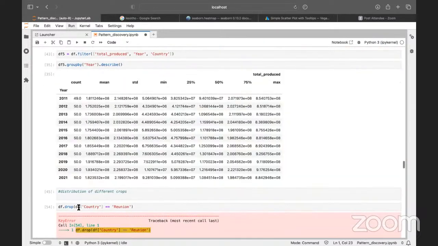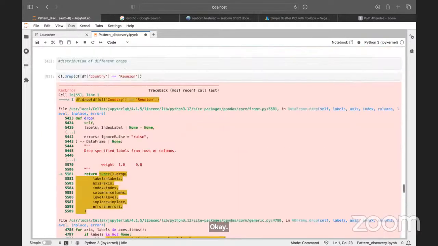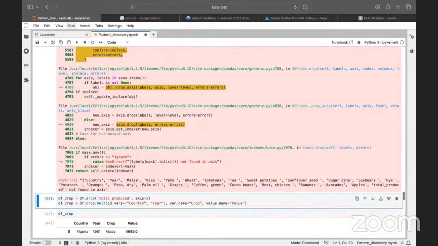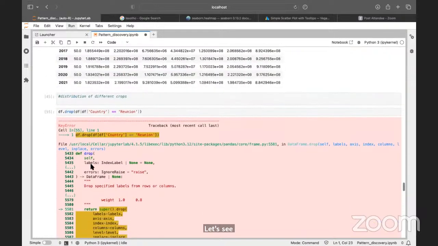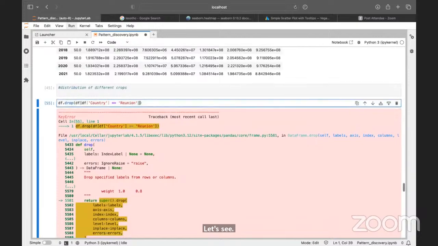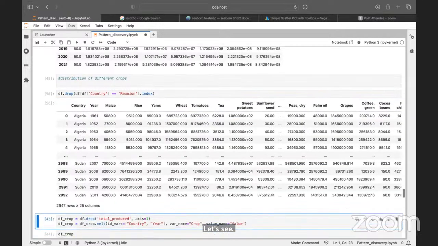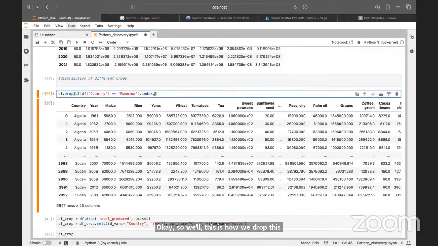Okay, so let's see. All right then, so this is how we'll drop this, but then we'll specify in place that we want it to be.